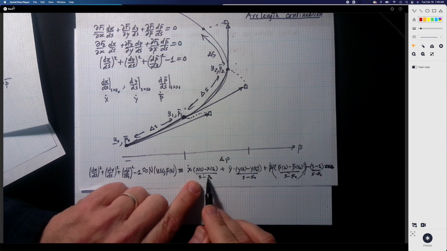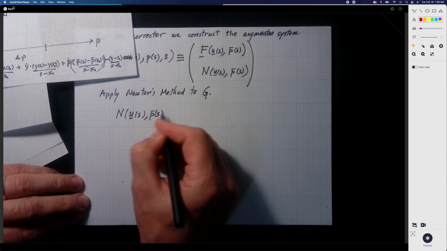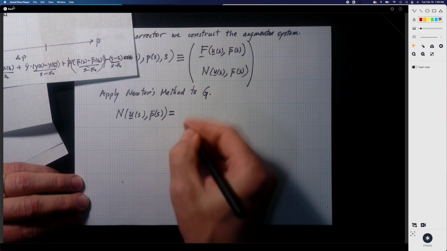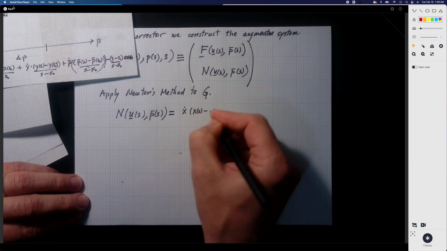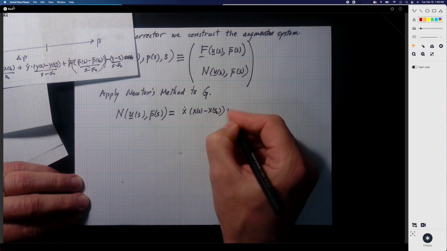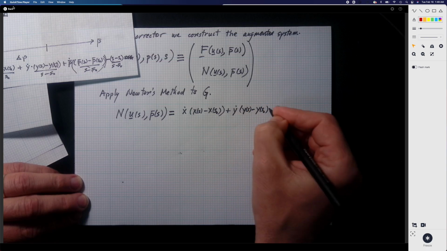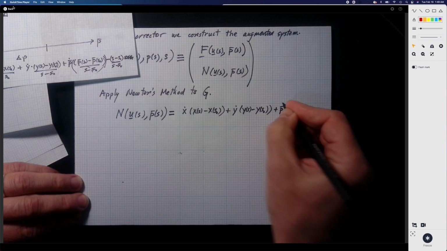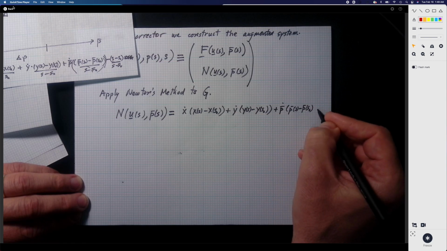We're going to prescribe s minus s naught, so n of u of s and p bar of s is going to be set equal to x dot times x of s minus x of s naught, plus y dot times y of s minus y of s naught, plus p bar dot times p bar of s minus p bar of s naught, minus delta s equals 0.